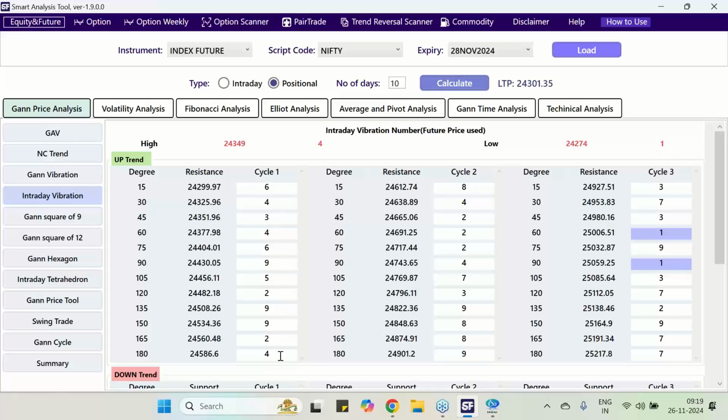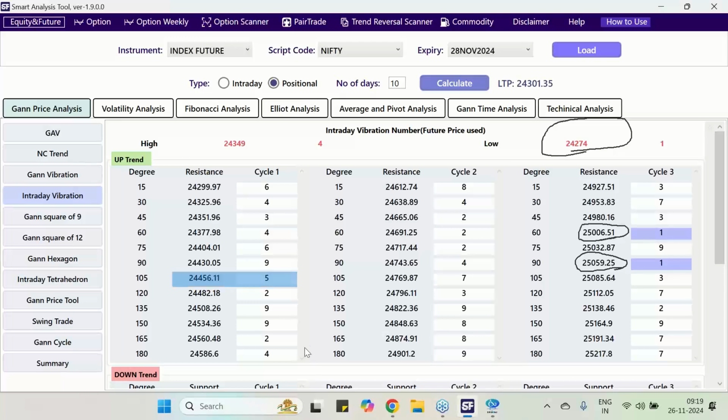Wherever 1 comes, all numbers are vibration numbers, because 1 multiplied with 1 is 1, 1 multiplied with 2 is 2, 1 multiplied with 3 is also vibration. So by default all are vibration numbers, since this value is coming as 1. These are all vibration numbers.